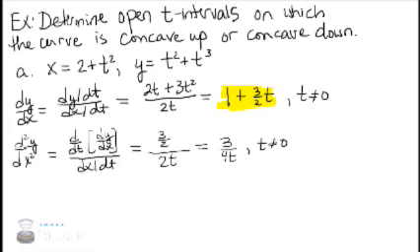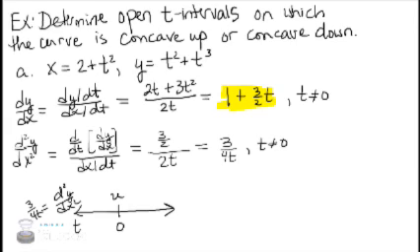So we want to make a sign chart, and we want to analyze where this is equal to 0 and where it's undefined. It will never equal 0 since there's a constant in the numerator, but it can be undefined at 0. So when t is equal to 0, our second derivative, which is 3 over 4t, is going to be undefined.